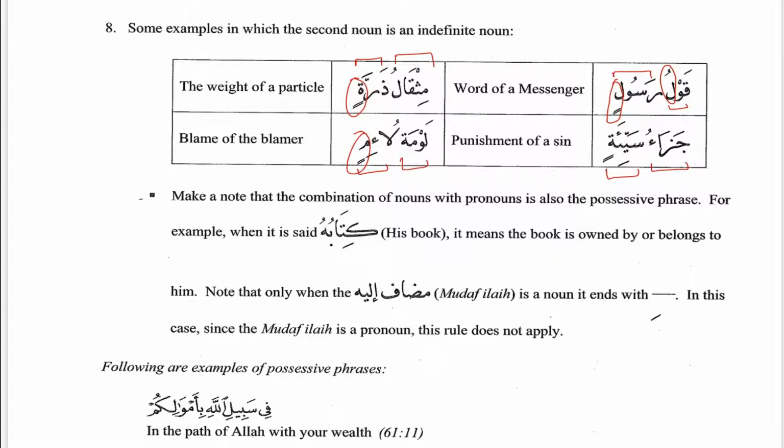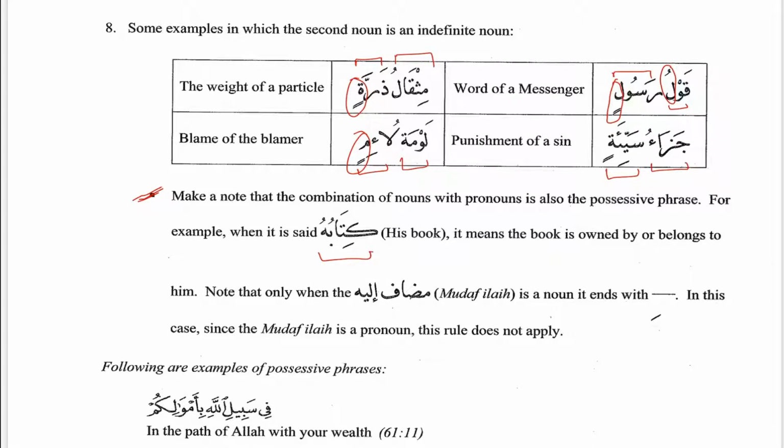So this point here is basically telling us that there is one more way of making a possessive case by using a pronoun, which we have already covered. The simplest example is kitabuhu, his book, but it doesn't always have to be like this.